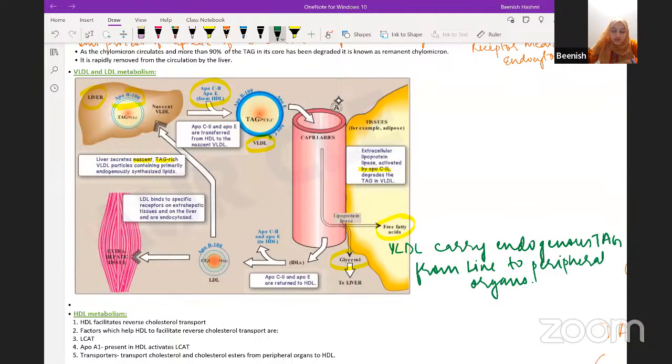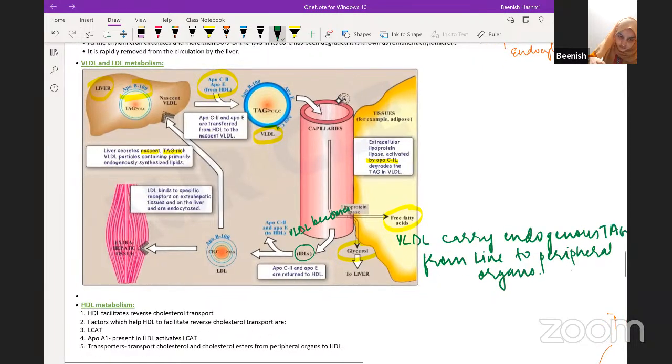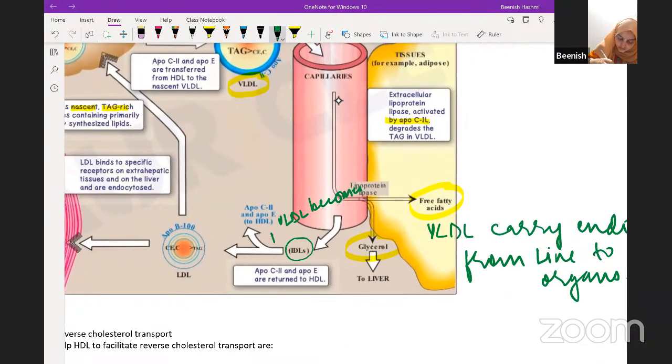Now, your VLDL becomes remnant VLDL, which is known as IDL. This IDL has two different fates possible. First, it can be taken up by the liver by receptor-mediated endocytosis, as we just discussed, and the ligand will be ApoE.